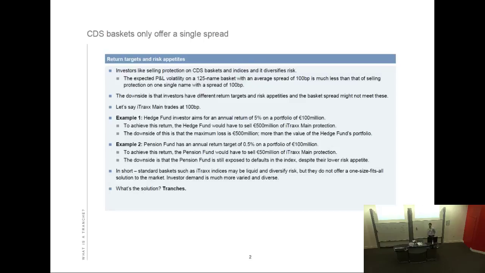You'd rather have found a way to put money into this portfolio without being exposed to defaults. With this 50 million, you're going to lose on every single default in the portfolio. And so that's in a way a deficiency of an index, which just gives you linear default exposure to the underlying basket. And that's where tranches bring in a lot of flexibility.